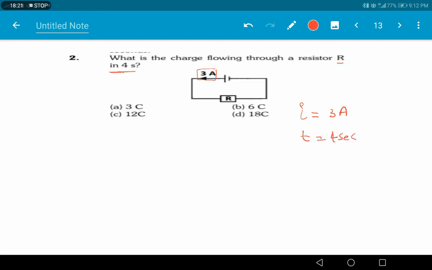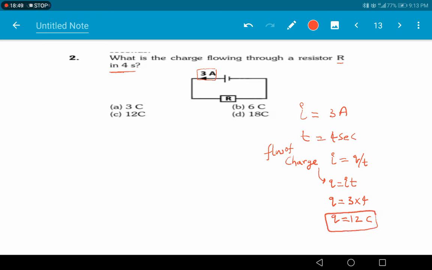What is the question they are asking? Flow of charge. So we know that I is equal to Q by T, so we can write Q is equal to I T. So Q is equal to 3 into 4. So the charge flowing through this is 12 coulomb.